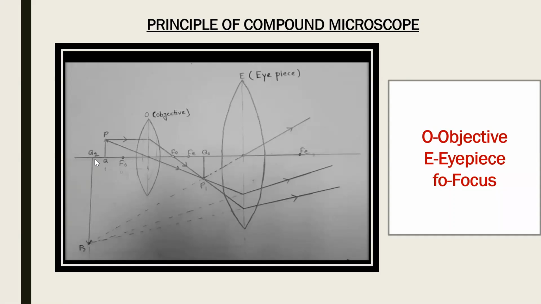It is inverted, right? So the final image formed by a compound microscope can be considered inverted. This is how the image is formed. When you see from here, we can see a very magnified and inverted image of the real object.